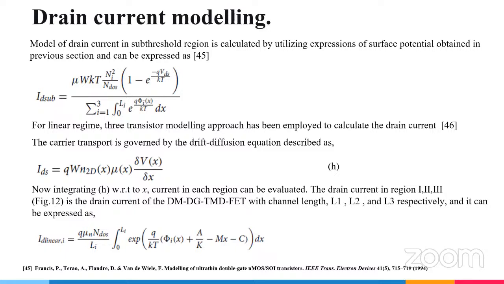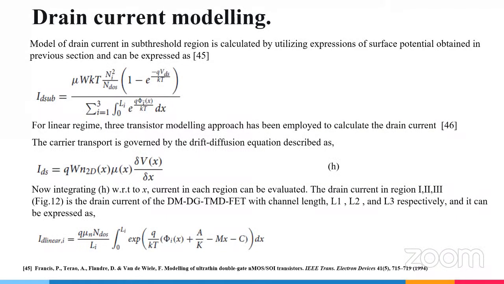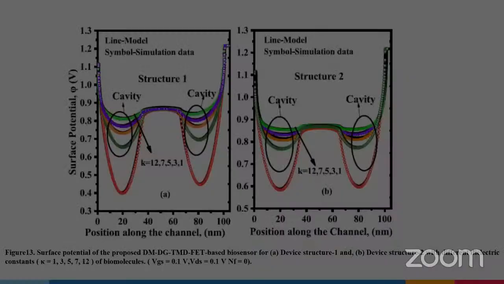Now we integrate the linear current in the particular regions, from 0 to L1, L1 to L2 and L2 to L3, taking the linear current profiles. By adding the ID sub and ID linear, we get the whole current profile of our channel.